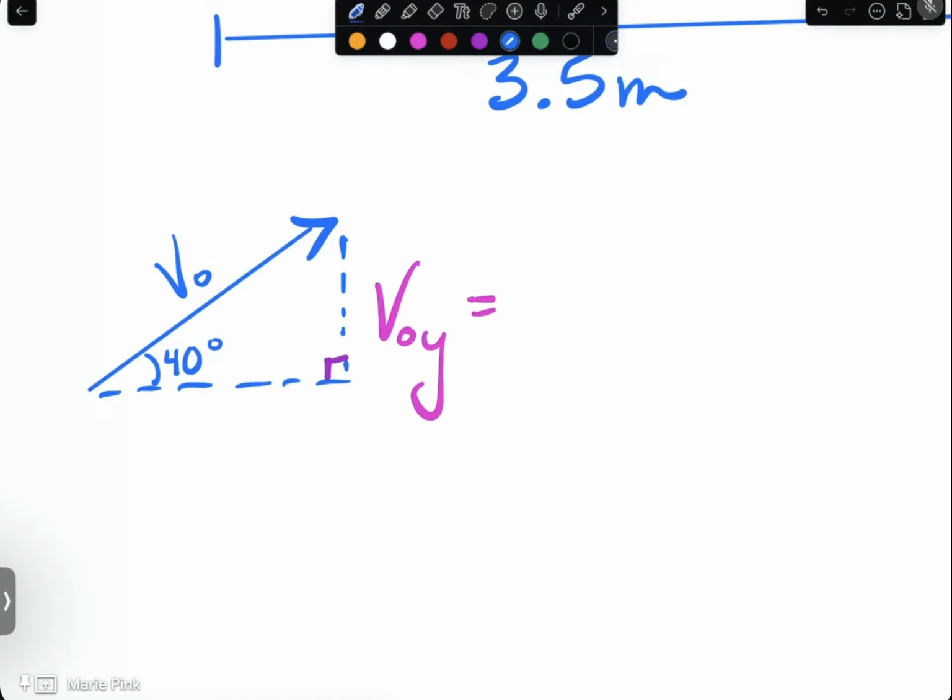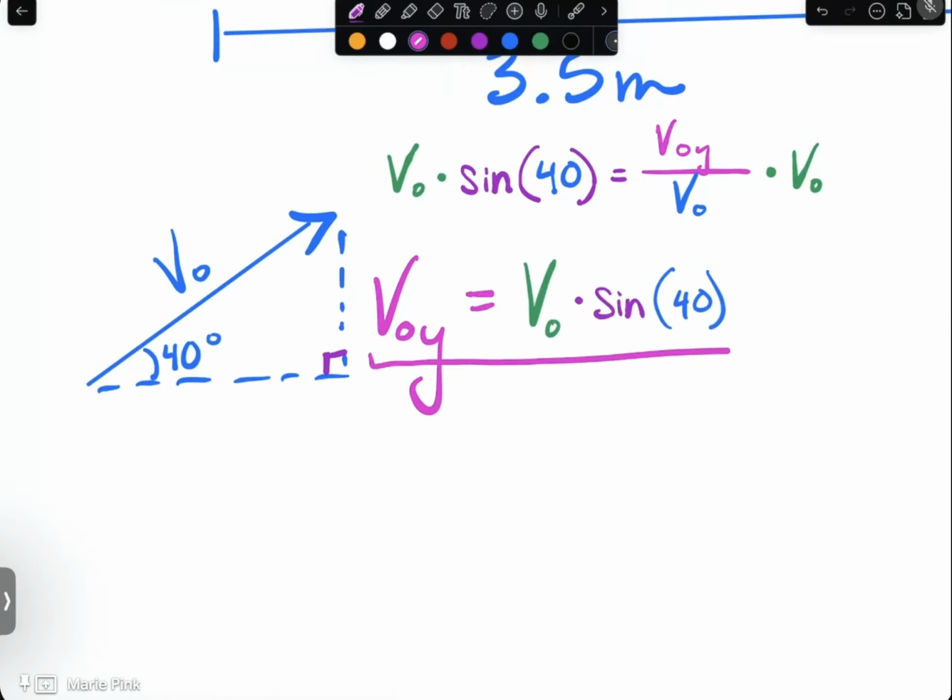And so I can use sine. So sine of my angle of 40 degrees is equal to opposite over hypotenuse. My opposite is v naught y, and my hypotenuse is my overall starting velocity, or v naught. So I can multiply both sides by v naught, and I get v naught times sine of 40, which is v naught y.